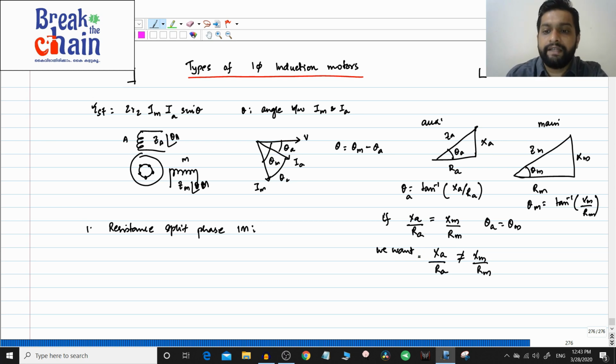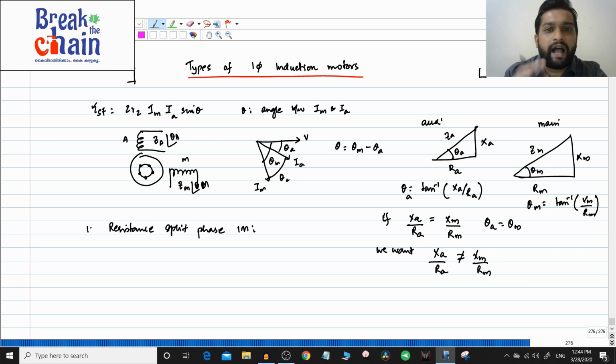So now here we have to make a choice, right? The main winding is going to be there throughout the working of the machine. So we have to select a resistance between these two. Ra can be greater than Rm or Ra can be less than Rm. These are the two conditions possible.